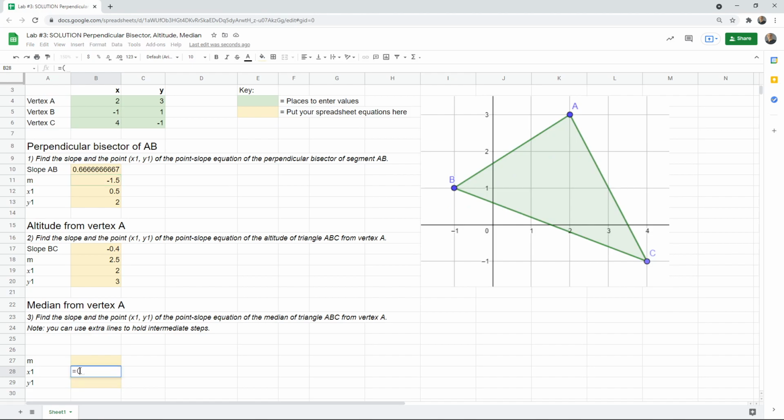The midpoint is the average of the x values of B and C. Average is halfway. And let's do this one, the average of these. So let's check if it's right. 1.5, that seems right. 0, that seems right.